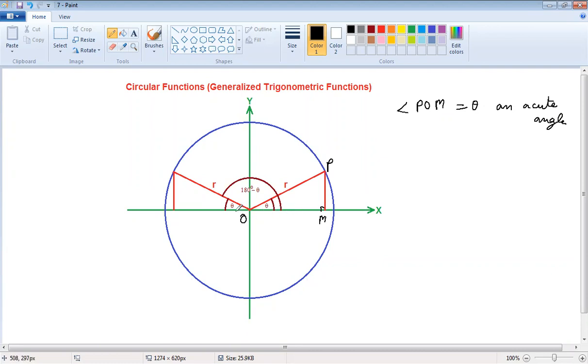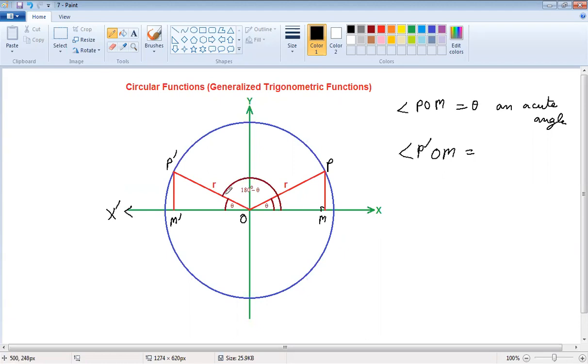Now, if we take an angle theta from the negative side of the x-axis, means from this direction, then from the positive direction of x-axis, this angle which is given by the larger arc as shown in the diagram will be equal to 180 degree minus theta. Is it visible? Means if this point is P dash and this is M dash, angle P dash OM, how much will it be?